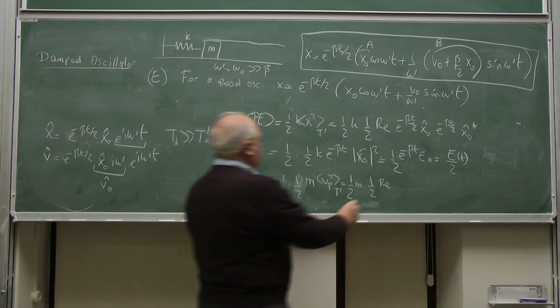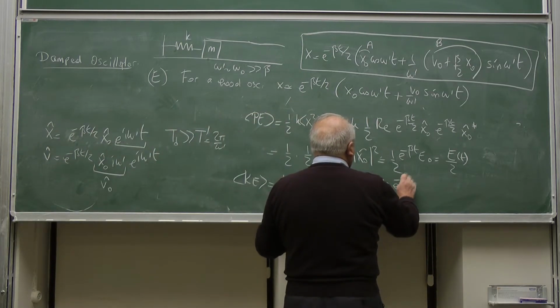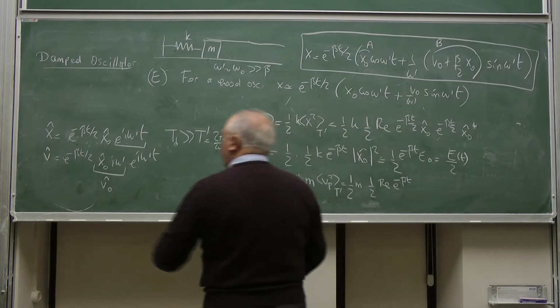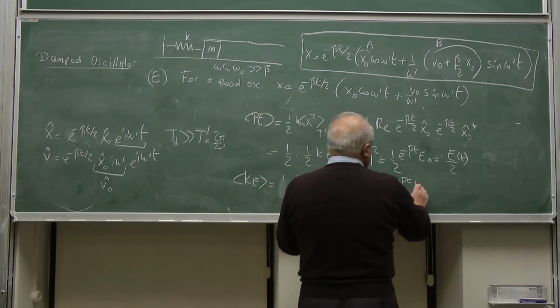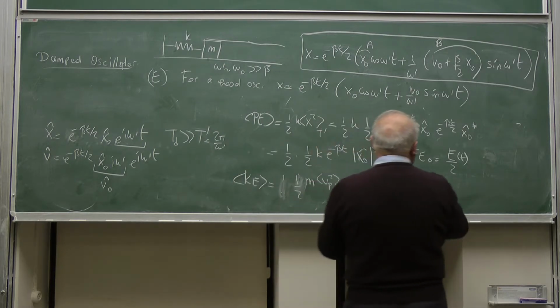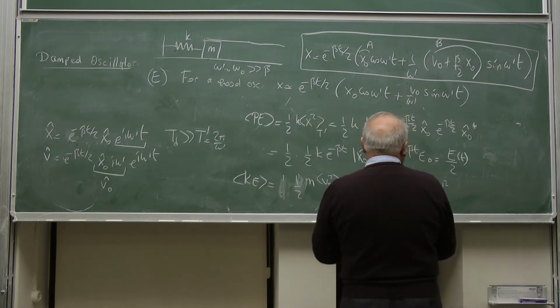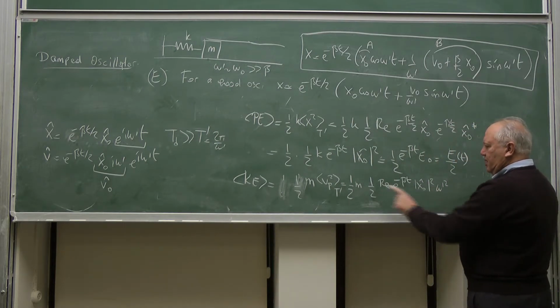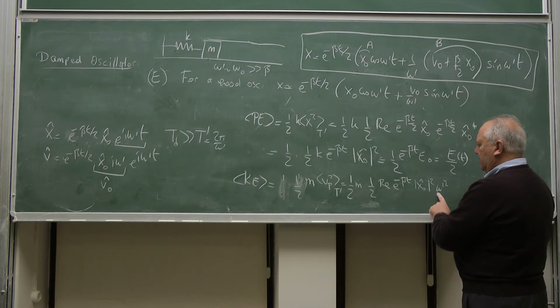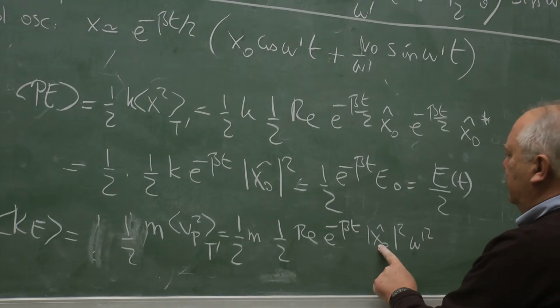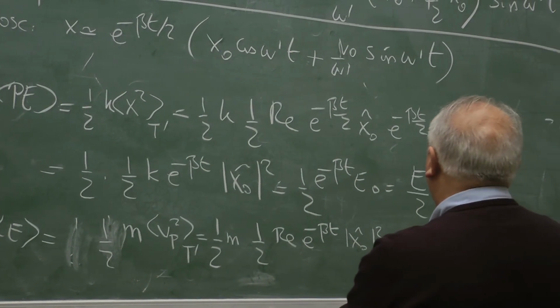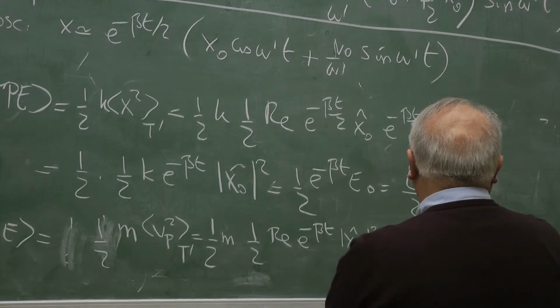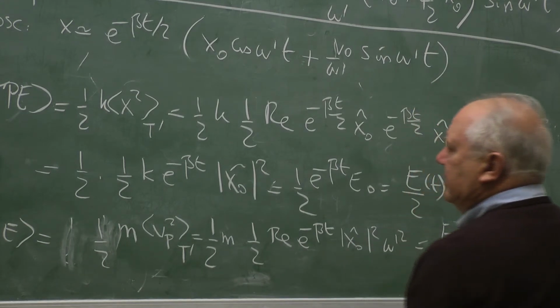So e to the minus beta t x0 square and omega prime square. So this is like omega, for a good oscillator, this is like omega 0 square, m omega 0 square is k, x0, so it's the same result again. So it is E of t over 2.